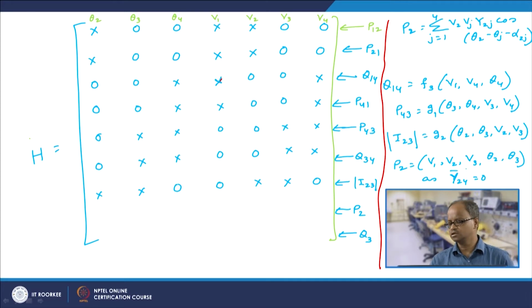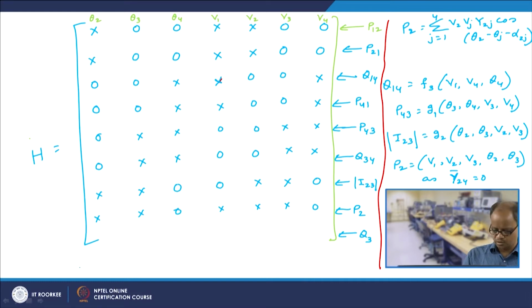So, P2 would be theta 2, theta 3 and V1, V2, V3, 0, 0.